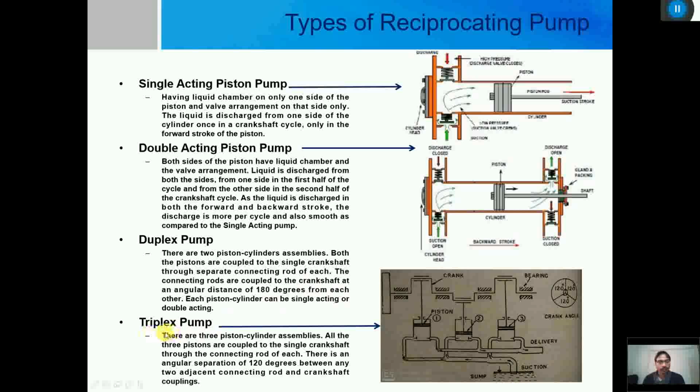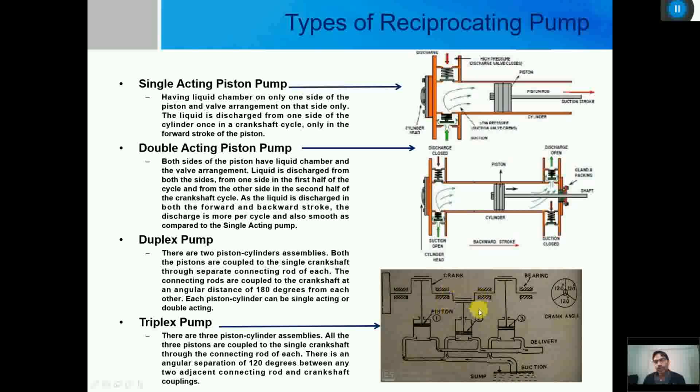Right now, the next one is the triplex pump. Triplex pump is a three piston cylinder assembly, as you can see here, and the cranks of these pistons are shifted by 120 degrees apart. You can see here the side view of the crank. So they are shifted by 120 degrees apart.